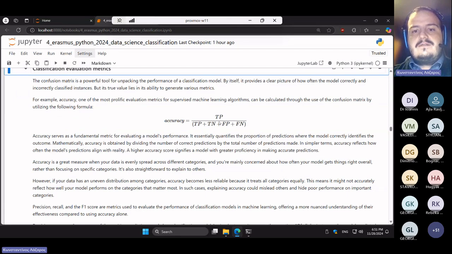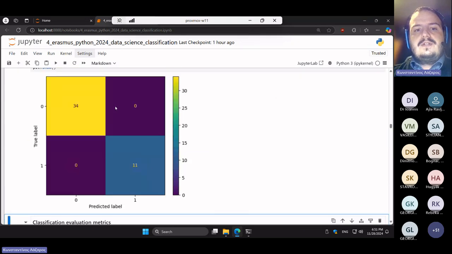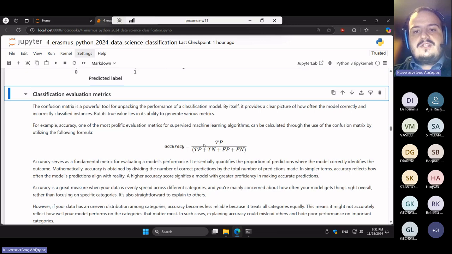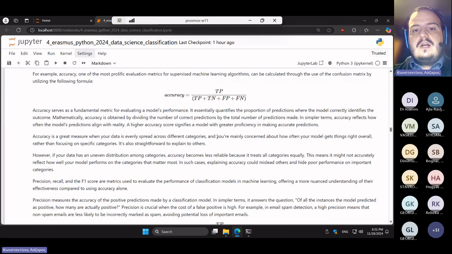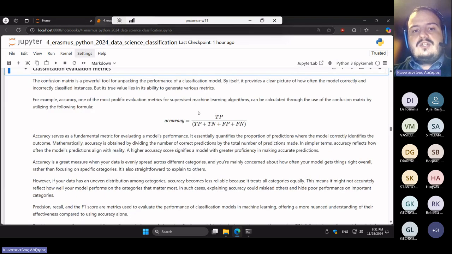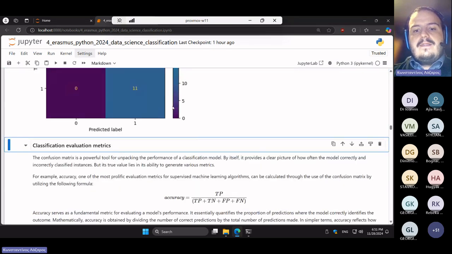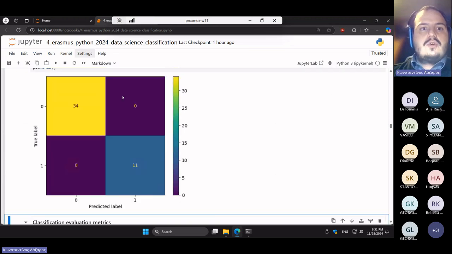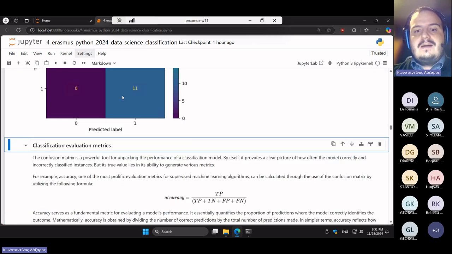You take the true positives, and then you take the entirety of your predictions, whether they are true positive, true negative, false positive, or false negative. Accuracy is a score that signifies that a model is able to predict accurately between your two categories, especially for unseen samples.